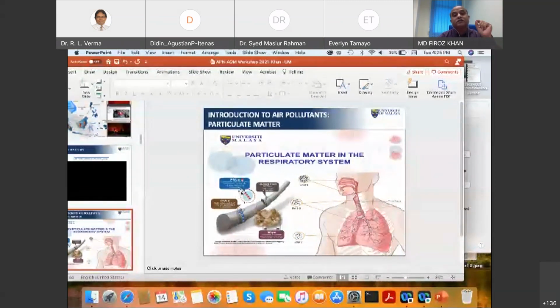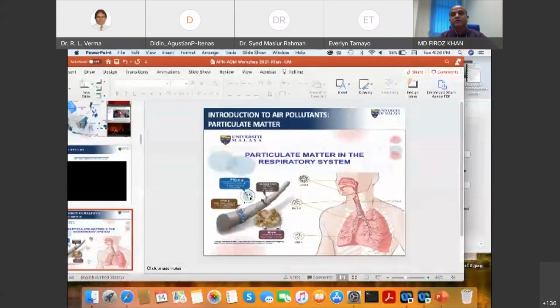So this tiny air particle can simply penetrate through our respiratory system and cause a number of respiratory related problems. Not only respiratory problems, this airborne tiny particle can also cause cardiovascular problems, a number of heart related problems many people experience, right?